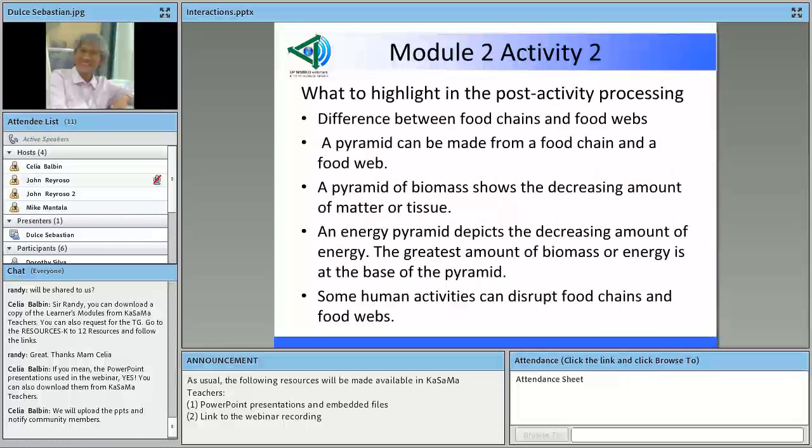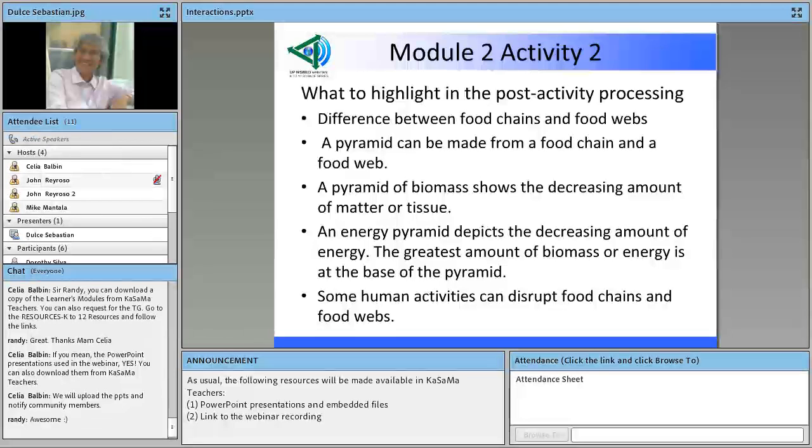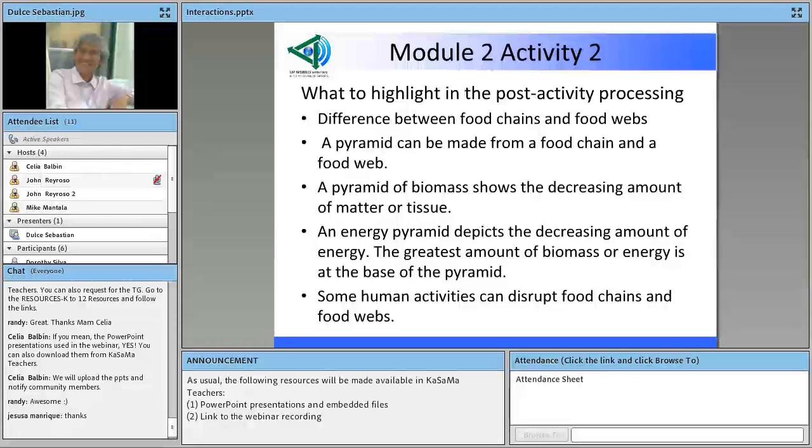Now, what do we want to highlight in the post-activity processing? They should be able to differentiate food chains and food webs, and the other concepts there should be made clear. We should explain to students that there will be two kinds of pyramid: a pyramid of biomass and an energy pyramid.